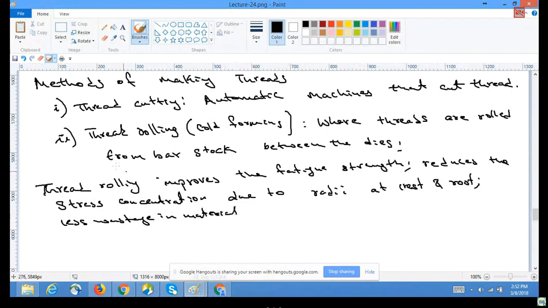So that's the reason this is more preferred and more reliable compared to thread cutting.